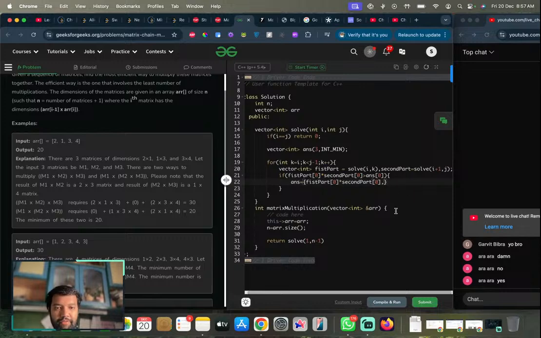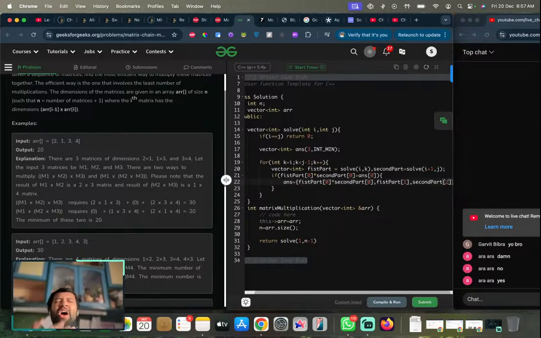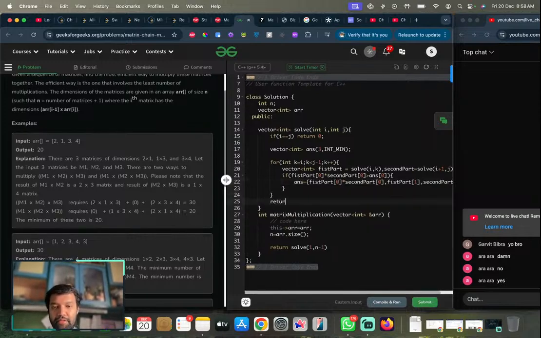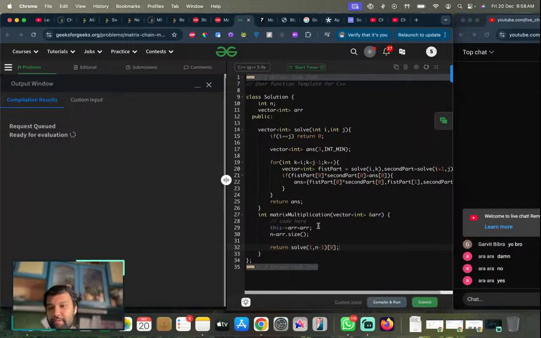First part of 1, second part of 2. Should work. Let's see.